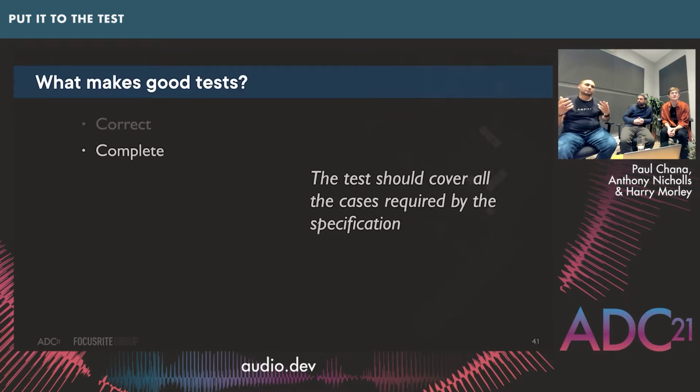It implies that before you start writing a test, you need to know what it is you're going to test and what you consider to be a complete test. How do you know that you've passed your test? And that goes to the first point about correctness: if you don't know what you're testing, you can't really test it.